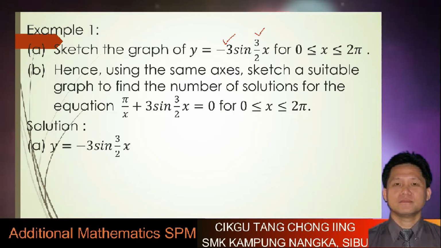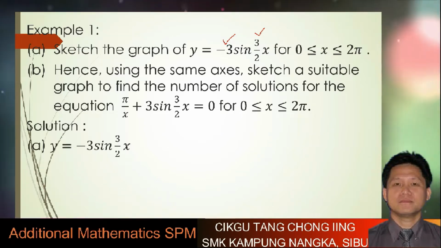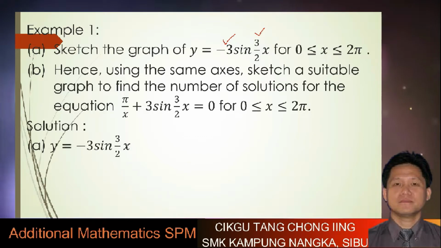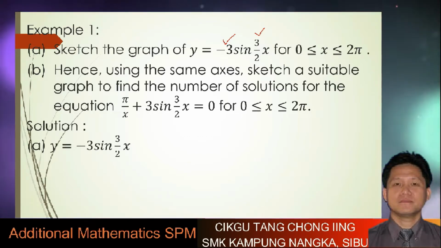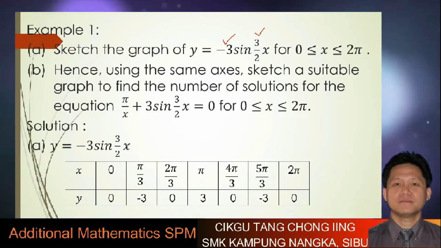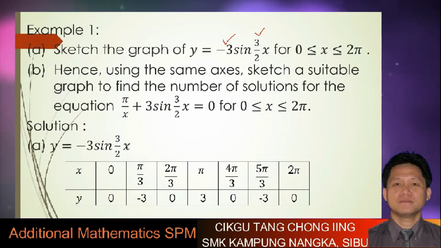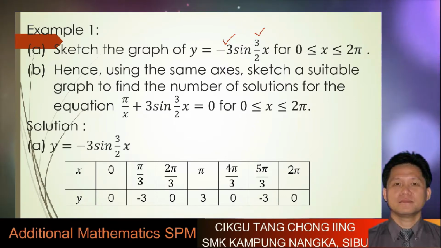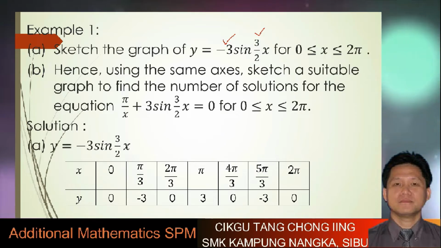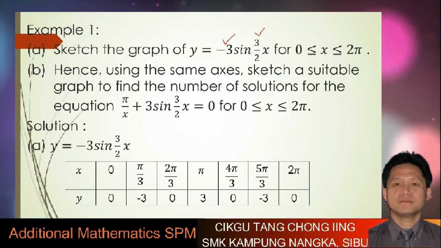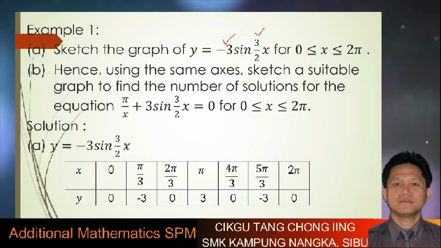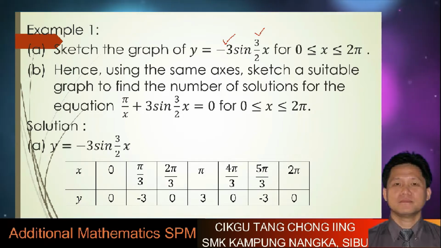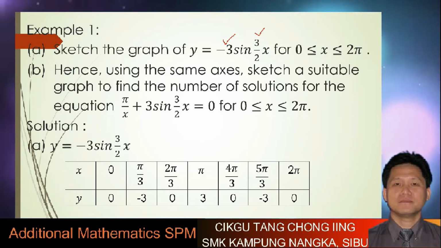So for part A, sketch the graph. It is better that we come up with a table like this, and then you choose the values for x. Alright, I write down the values for x. Here we have 0, pi/3, 2 pi/3, and so on.